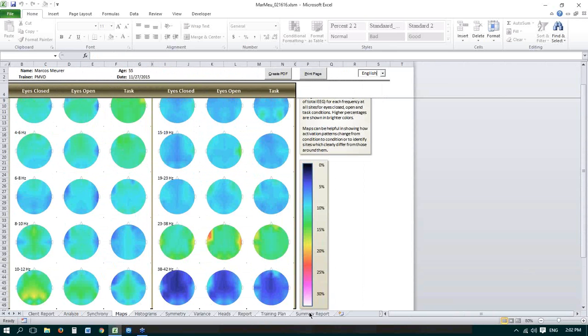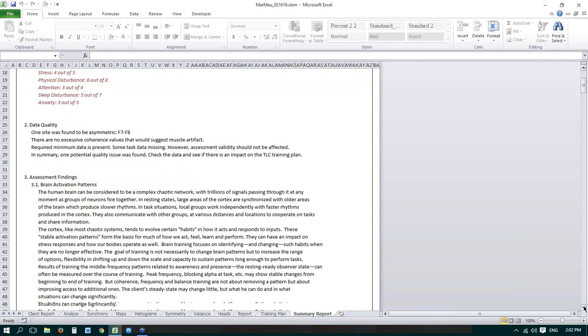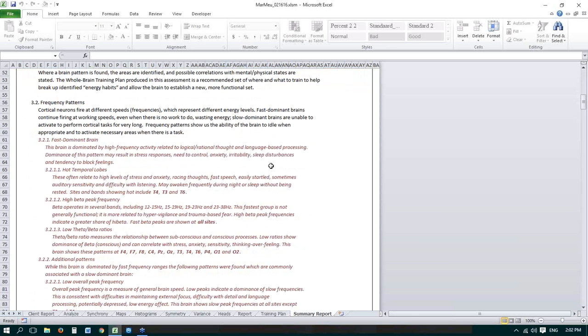If we look at the summary report, we can see that his issues have to do with a fast dominant brain, high frequency activity related. He's very stuck in logical rational thought, doesn't really deal with emotions very well.